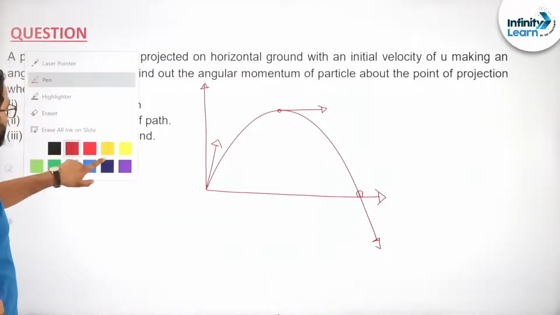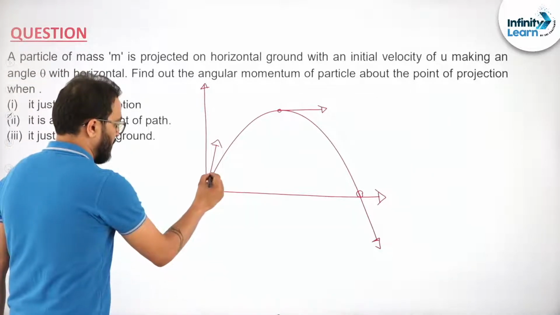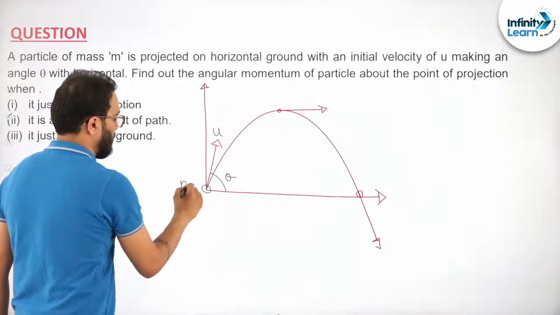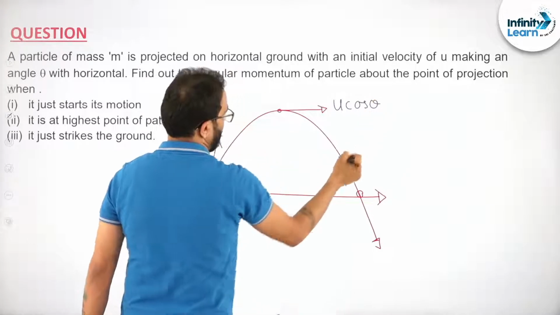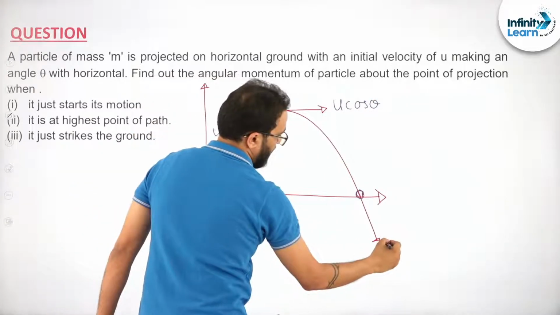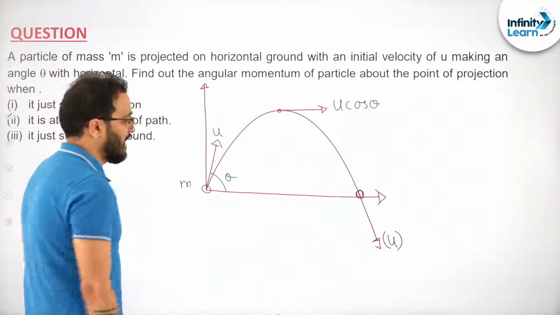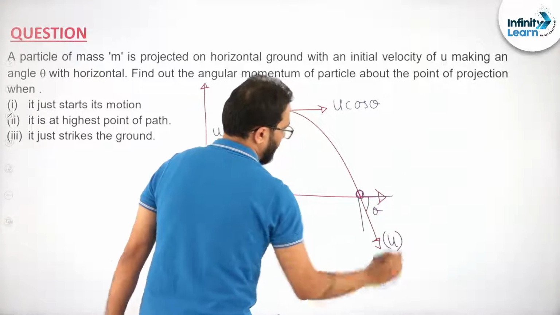Can you see this? Position number 1. This angle is given as theta, the velocity is given as u and the mass of the object is m. Obviously at the topmost point its velocity will be u cos theta, and here its velocity magnitude wise will be u again, and it will strike at the same angle theta with the horizontal.